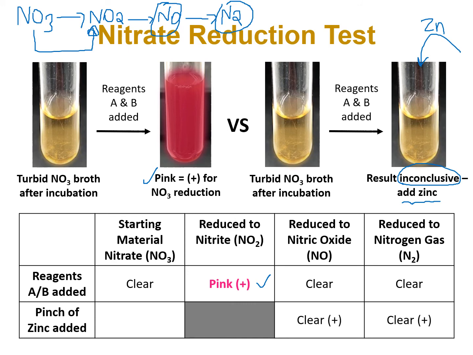So let's say that after you've added the zinc, still nothing happened. Actually, maybe it would be helpful to tell you what zinc does first. So let me back it up and mention something about zinc.